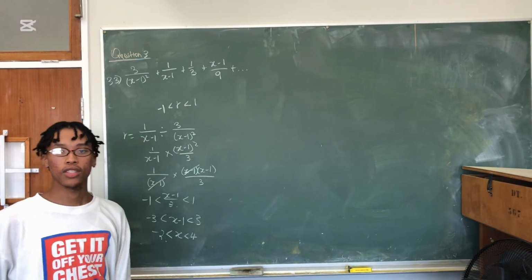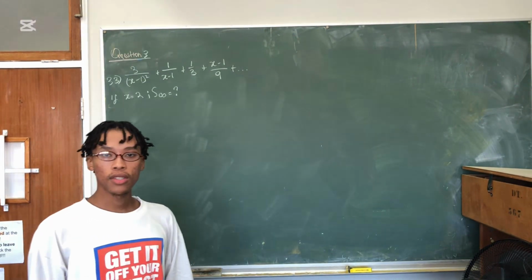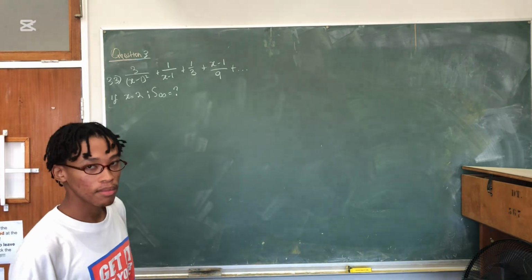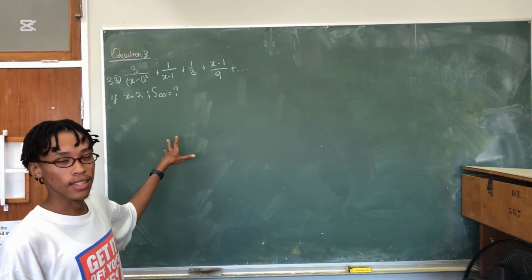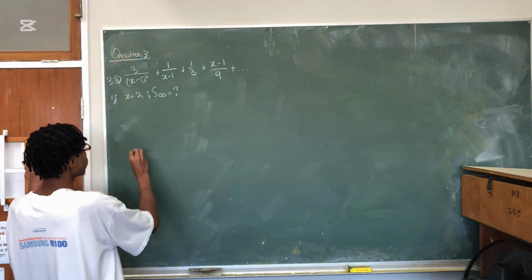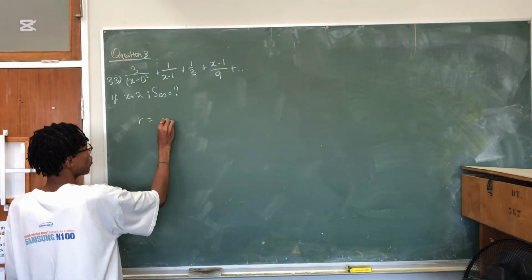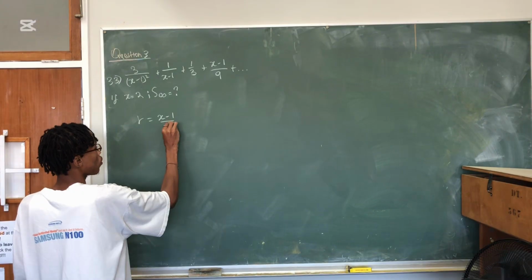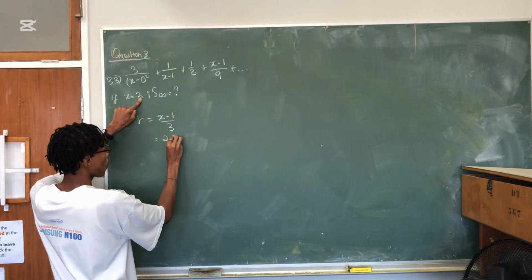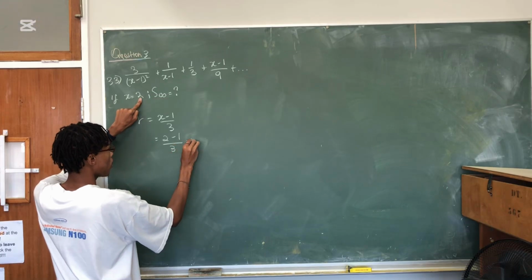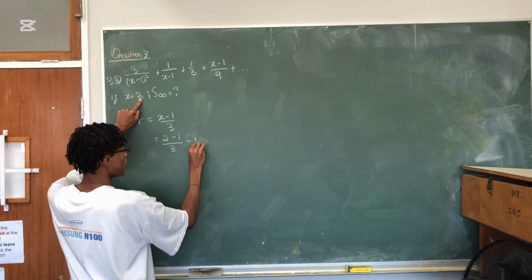Our question is asking us to find the sum to infinity of the geometric sequence if our x is equal to 2. We did calculate that our ratio is (x - 1) over 3. We substitute this 2 here, it's going to be (2 - 1) over 3, that's 1 over 3.